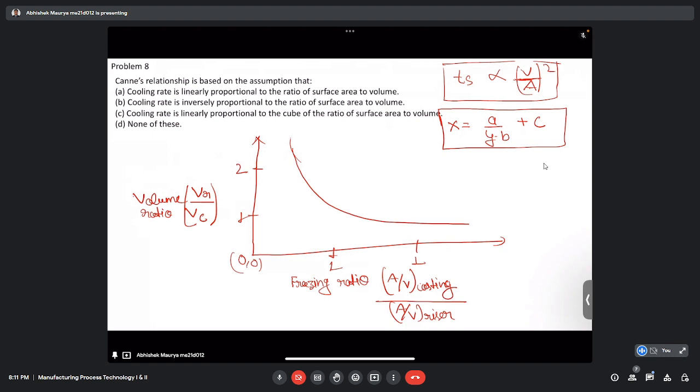What is x here? x is the volume ratio, and y is the freezing ratio. a is the freezing constant for the metal; it is a material property. b is the contraction ratio from liquid to solid.